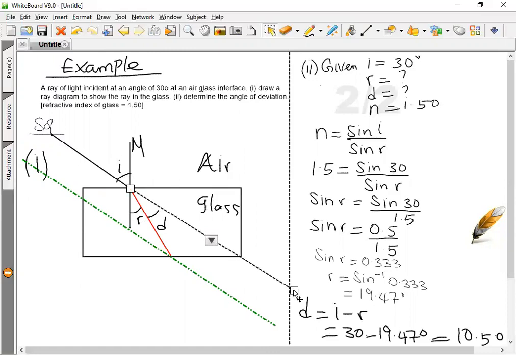Looking at what we have here, do you think your incident ray, which is this, and your emergent ray are going to meet at any point? You can continue elongating it, produce it downward and produce it upward.